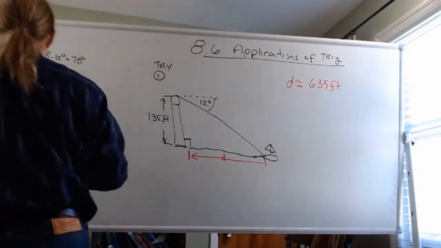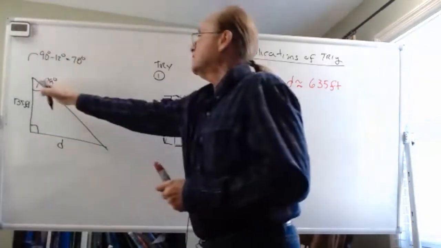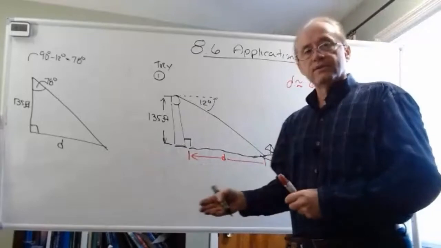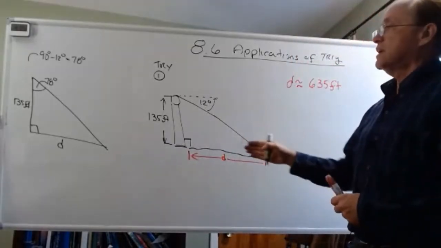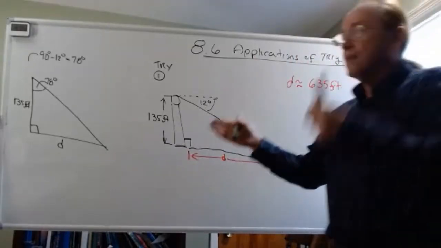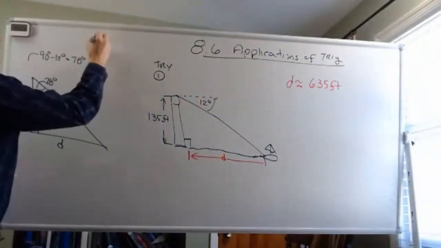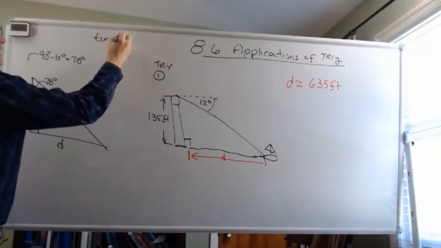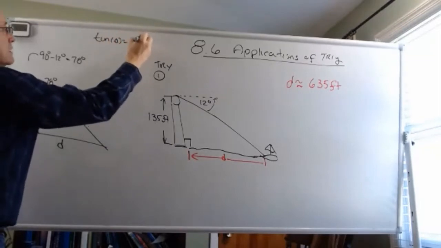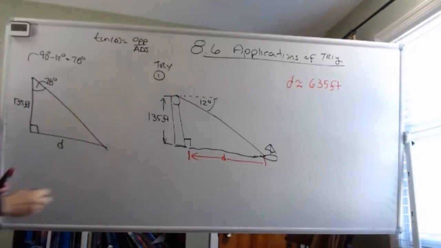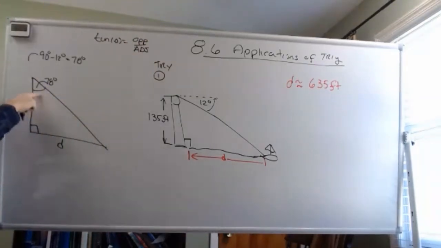Okay, so what do I have? I don't know any information about the hypotenuse, and I don't need information about the hypotenuse as long as I can bring in something that doesn't involve that. Again, that's the same thing, the tangent. So I do know that the tangent of theta is the opposite over the adjacent. Now I'm going this way.